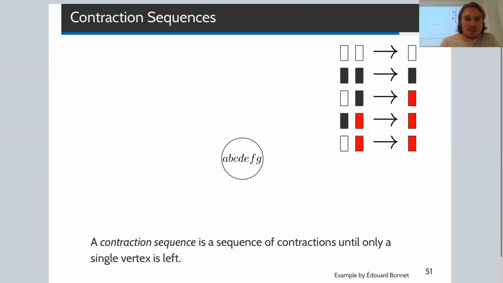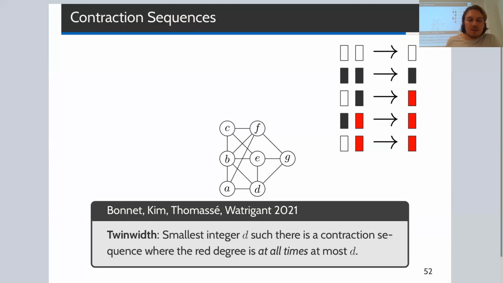And now finally, I can give you the definition of twin width. The twin width of a graph is the smallest integer d such that there is a contraction sequence where the red degree of the graph is at most d at all times. So every vertex should have at most d red outgoing edges.